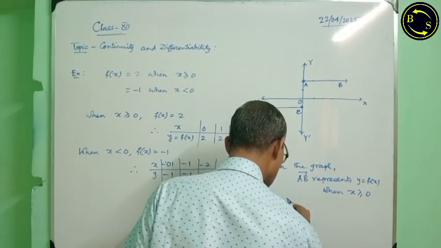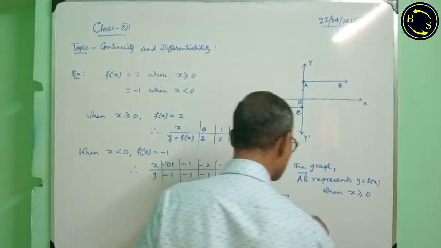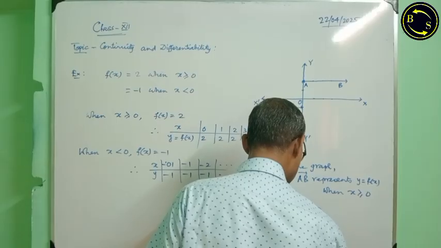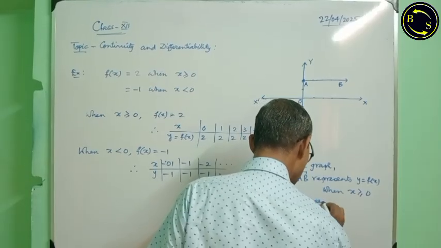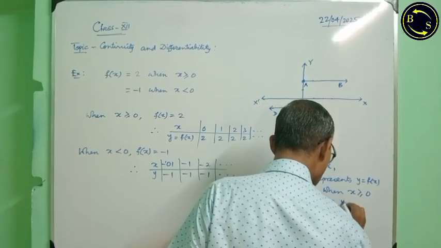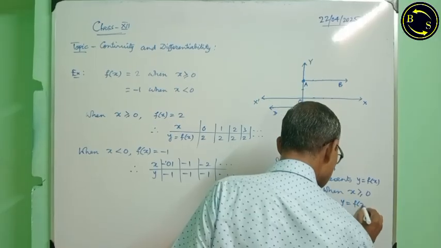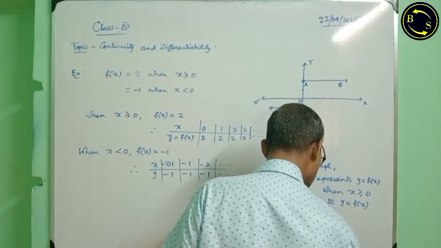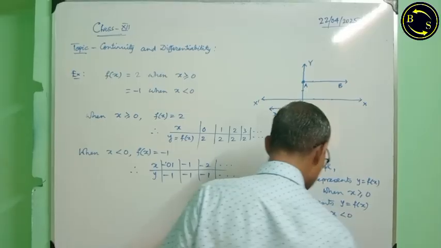CD ray represents y equal to f(x) when x less than 0.